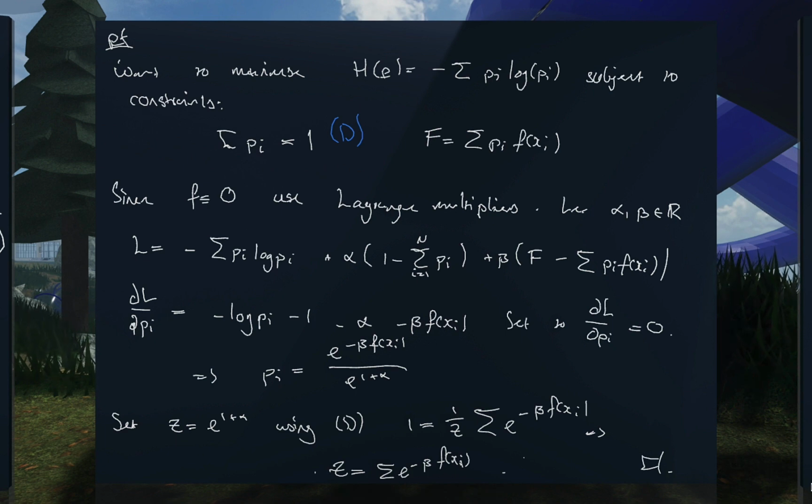We could then go on. I said for some beta, so to finish this off you would use your additional constraint, say E, and use that to solve for beta. That's where, in physics, we have this interpretation of beta being the inverse temperature.